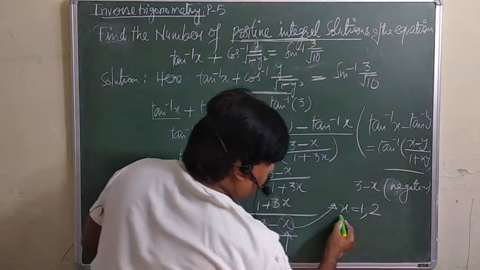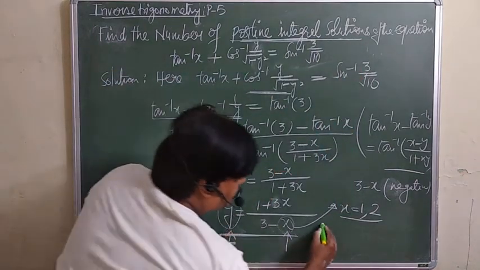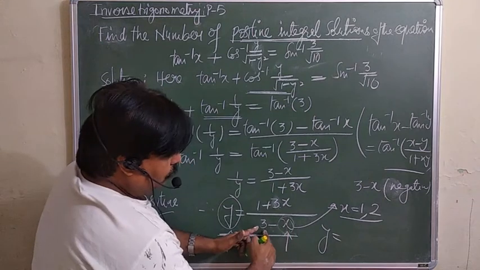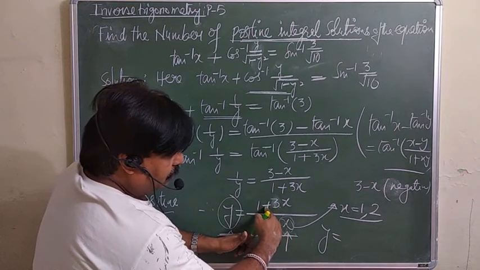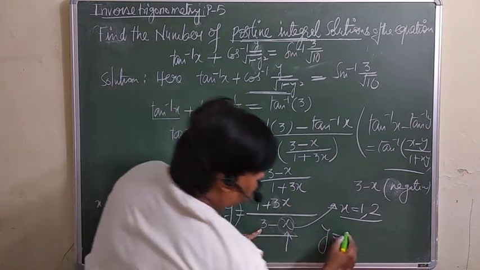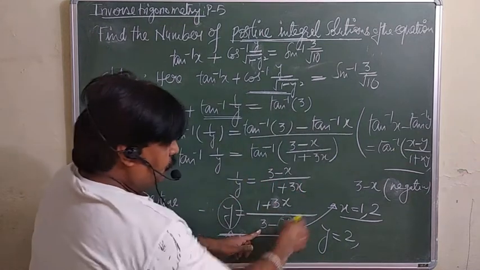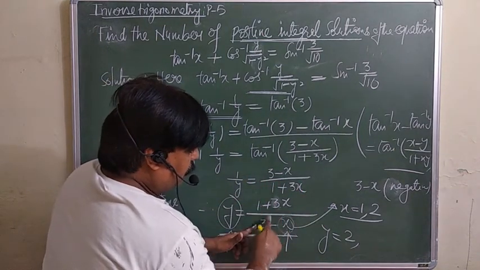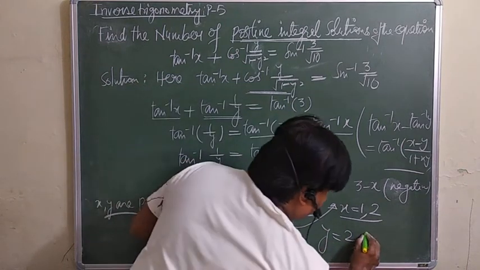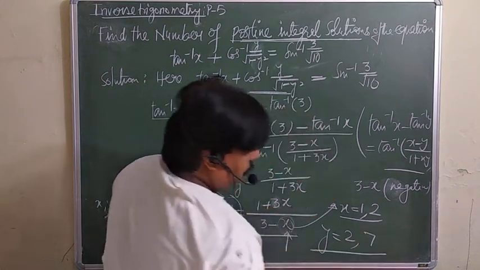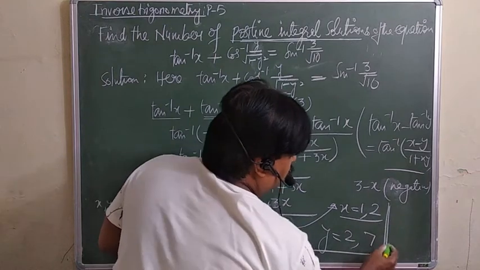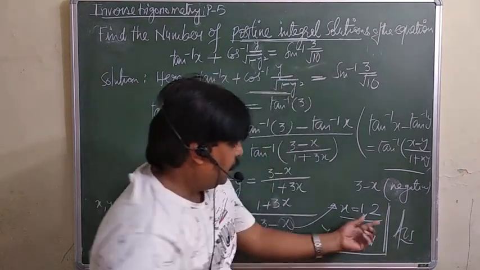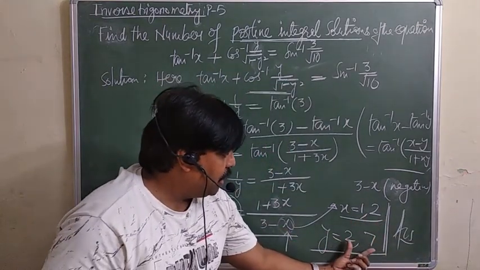So therefore x will be 1 or 2. And what will be y? For x equal to 1, you put it here: 1 plus 3, 4 over 2, so y is 2. Now x equal to 2: 6 plus 1, 7 over 3 minus 2 is 1, so y is 7. So x will be 1 and 2, and y will be 2 and 7.